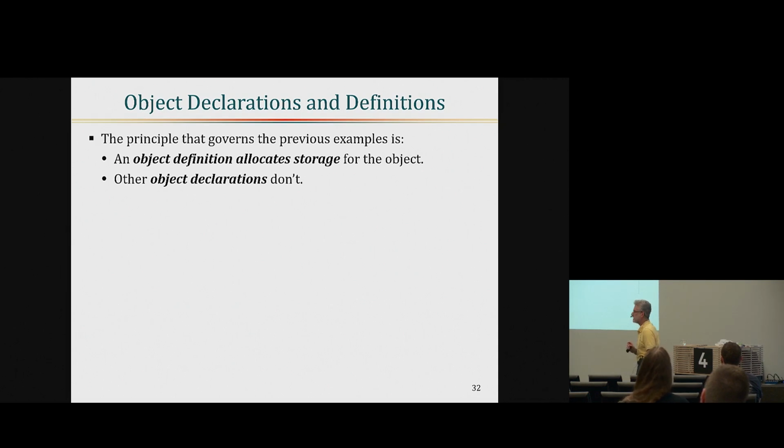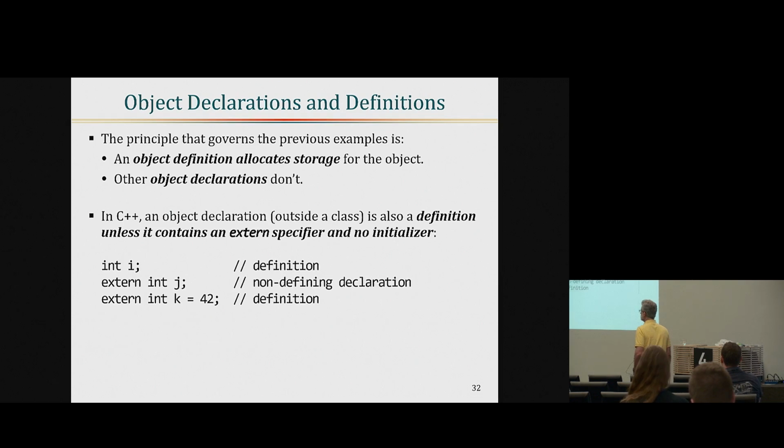But the underlying concept is that an object definition is going to allocate storage, and a non-defining declaration is not. It's going to say it's somewhere else. So the C++ rule for definitions outside of a class is right there in bold. It says that a declaration is a definition unless it has the keyword extern and no initializer.